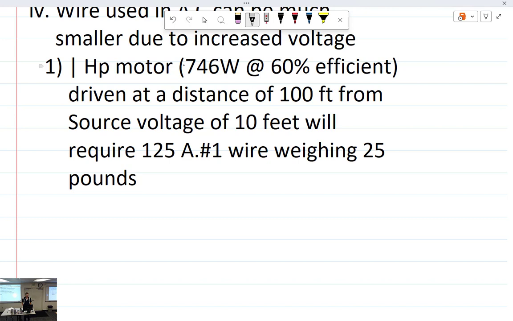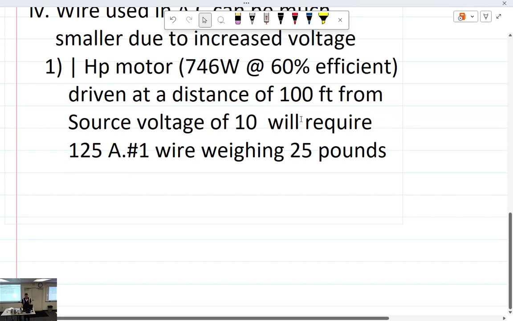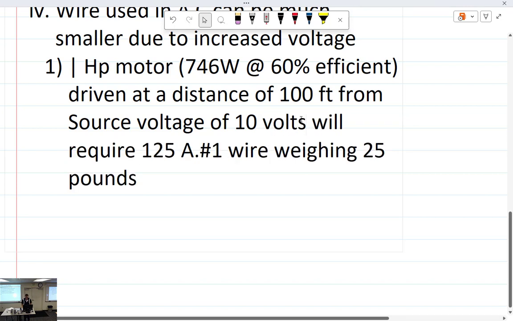It was just confusing where it says feet right after it. Driven at a distance of 100 feet from source voltage of 10 volts will require 125 amps. There we go. AC is totally different. That's another lesson.